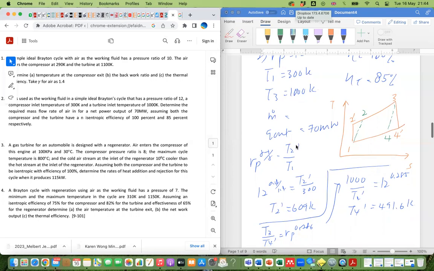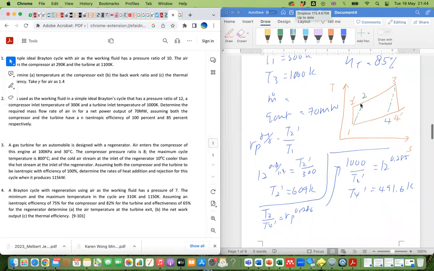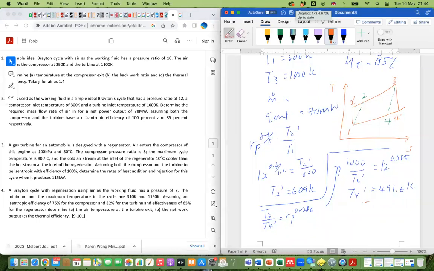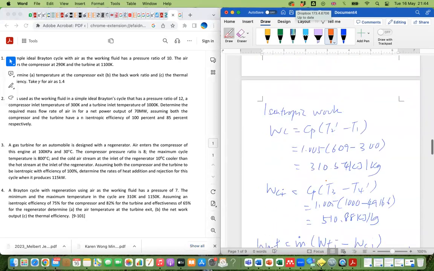So we first find the isentropic first, and we just need to use the isentropic equation and we can get T2'. For 3 to 4', it's the same thing. We can get it easily, just use the isentropic equation.